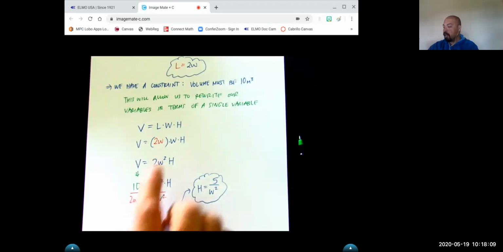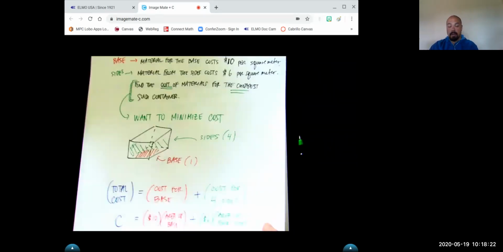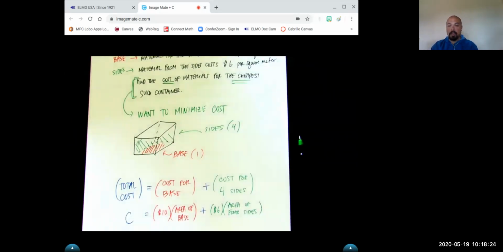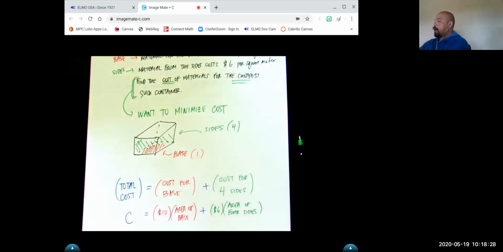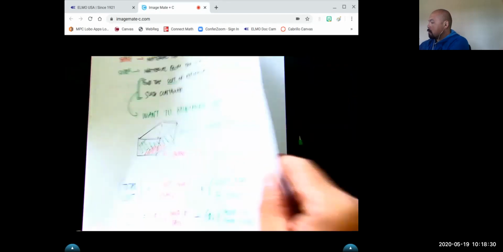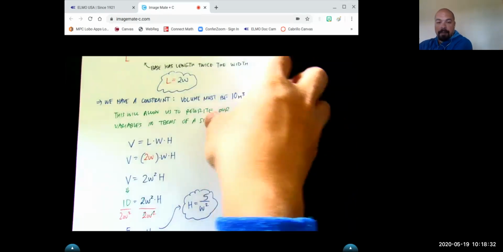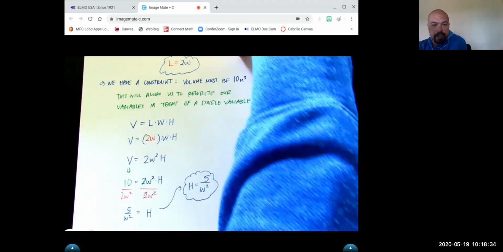So for that volume, we've gotten all the terms in W, so that the volume will always be 10 cubic meters. So now we can come back to our discussion about the cost. We can start to label our components here and identify. Okay, so let's, again, redraw. Hope we're clear here. Let me know if you have any questions or if I need to slow down.